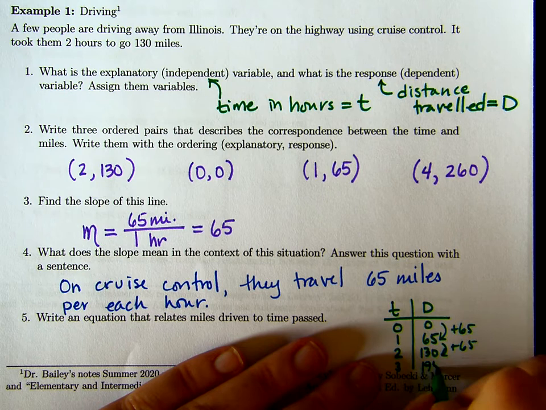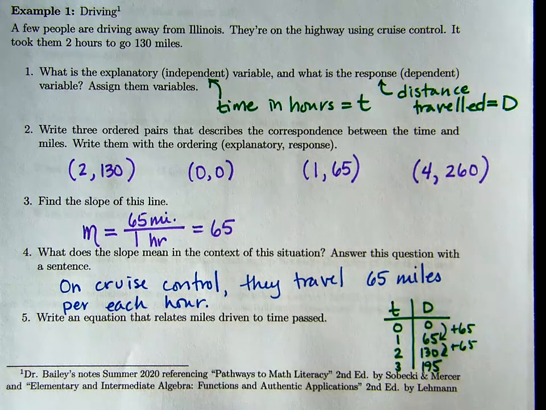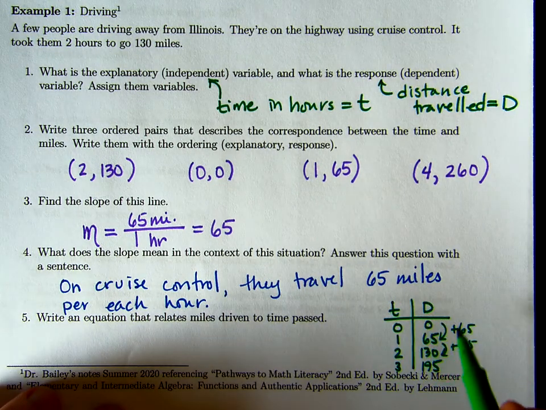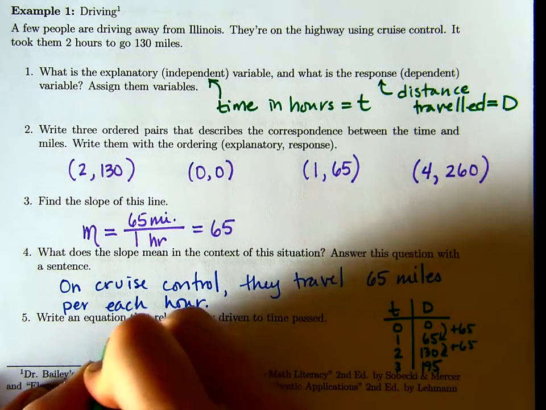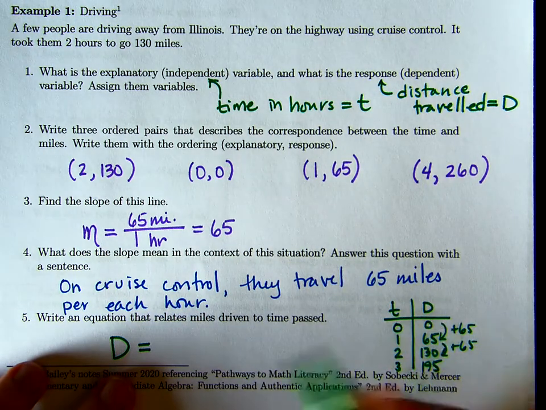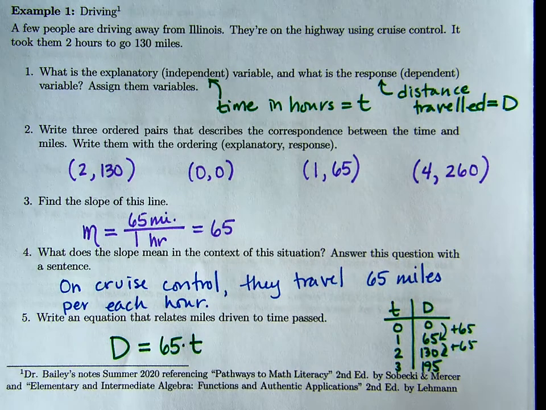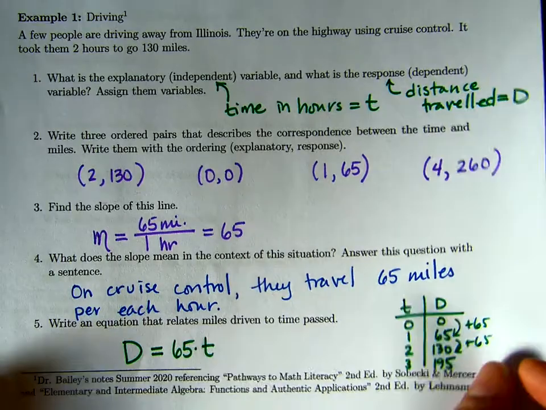So 195, and then add to that 65, and we would be at 260? Yep. Okay, so it looks like there's no initial amount, just 65 times the amount of time. So the distance is equal to 65 times however many hours, where T is in hours and D is distance traveled.